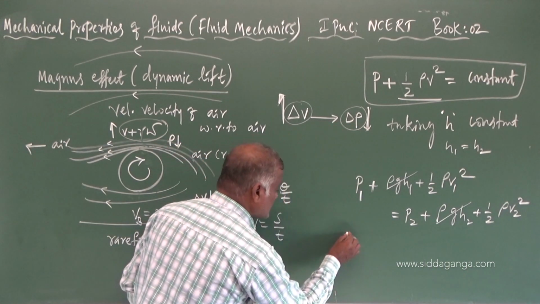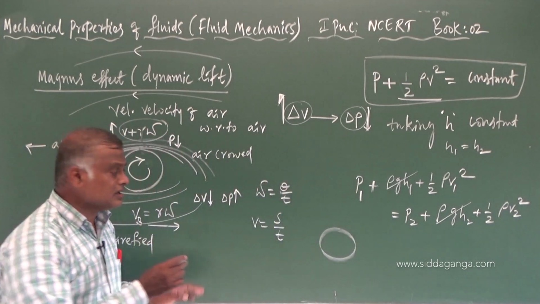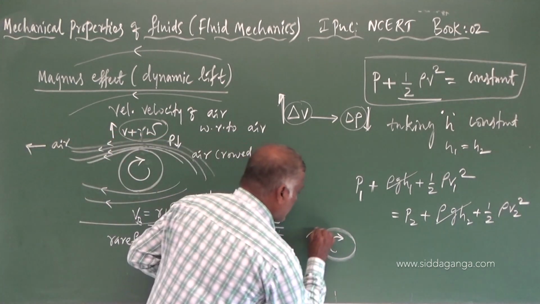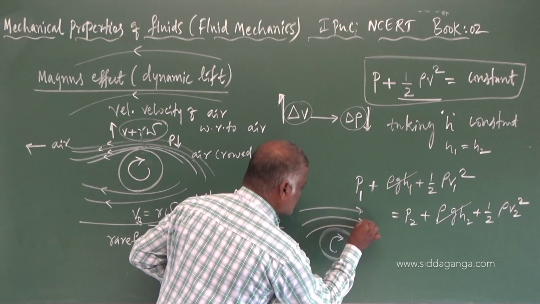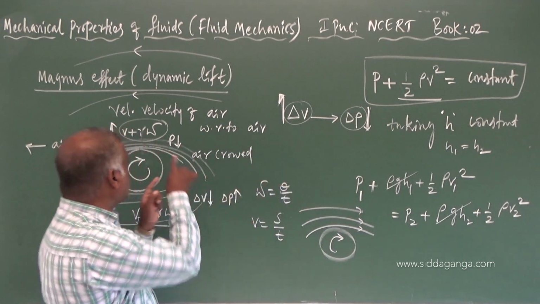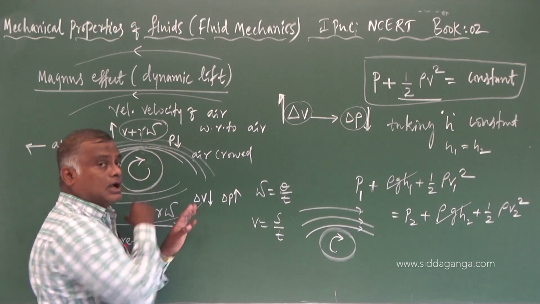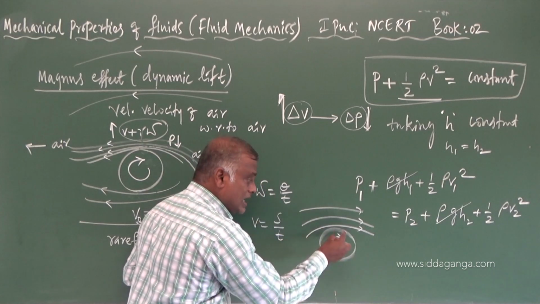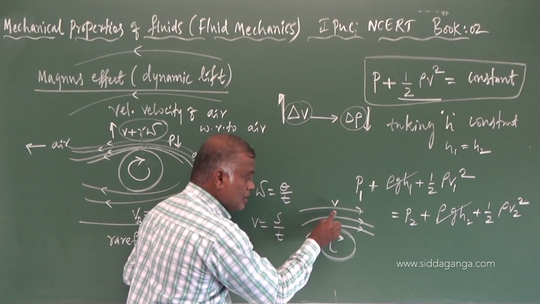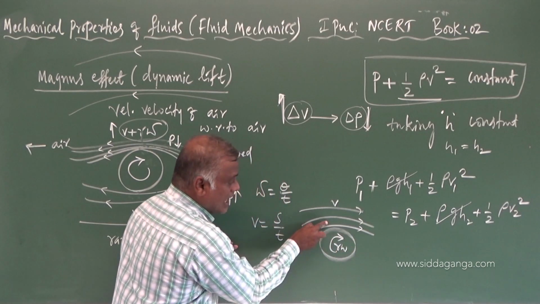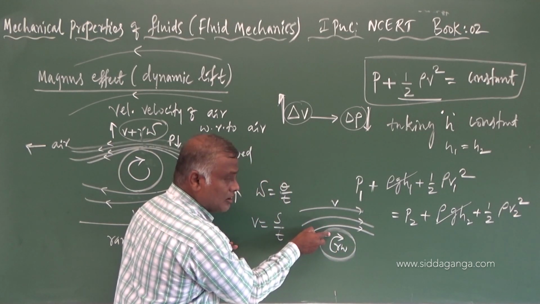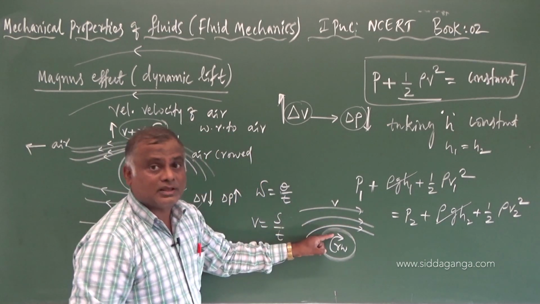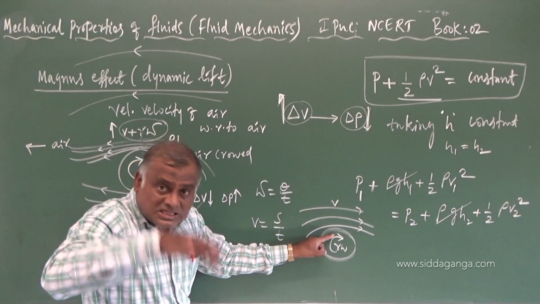Suppose the ball is spinning in the same direction, and the air layers are moving to the right side. Here I have reversed the direction. Sir, should it be like this? No. Here, when the ball rotates with a speed r omega, the air layers in contact with the ball will travel with some lesser speed here.